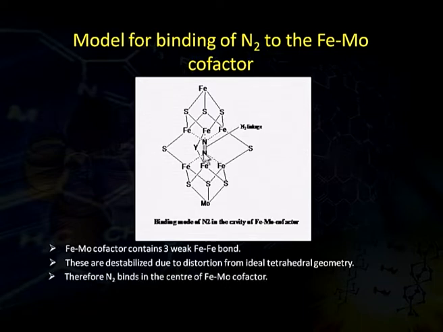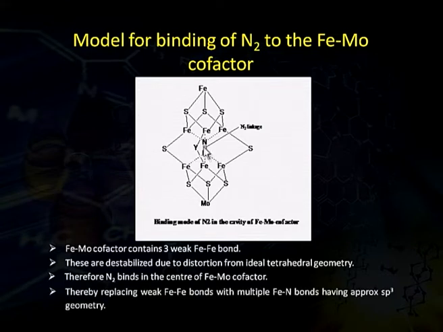Therefore, nitrogen binds in the center of the iron molybdenum cofactor, thereby replacing the weak Fe bonds with multiple iron nitrogen bonds having approximately sp3 or tetrahedral geometry. As a result of iron nitrogen interaction, the N triple bond N bond gets weakened, thereby lowering the high activation barrier for nitrogen reduction.